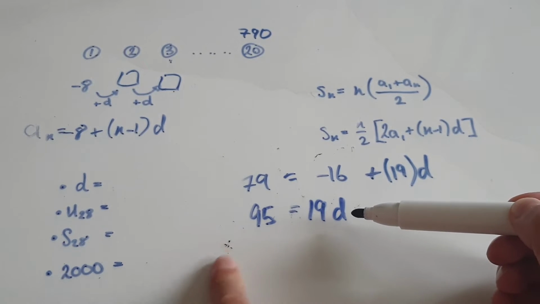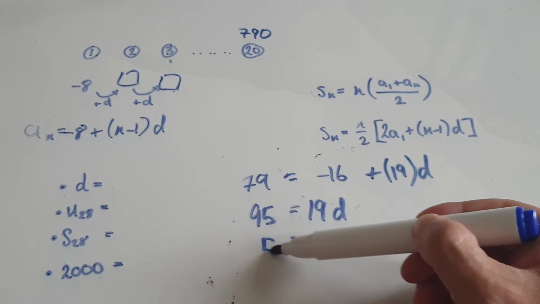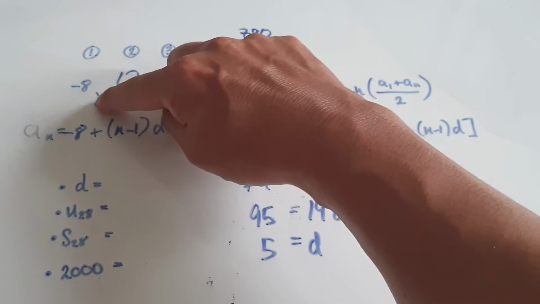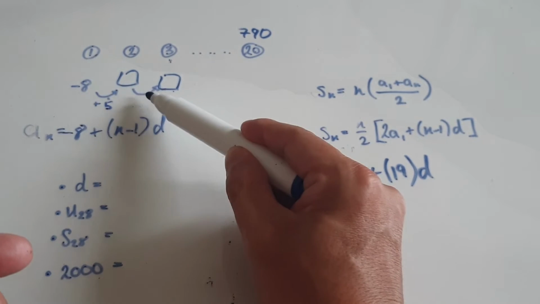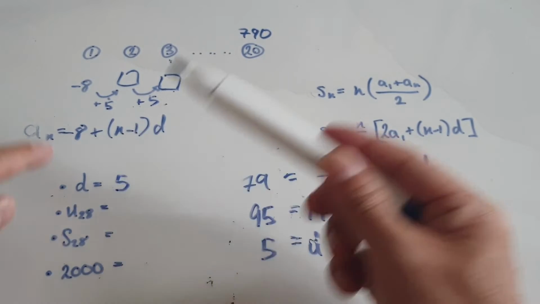What is d, the common difference? Well, jump to a calculator, and I've done it earlier. d equals 5. So our common difference is 5. So our sequence is actually adding 5 each time. Add 5, add 5. So the first answer would be 5.